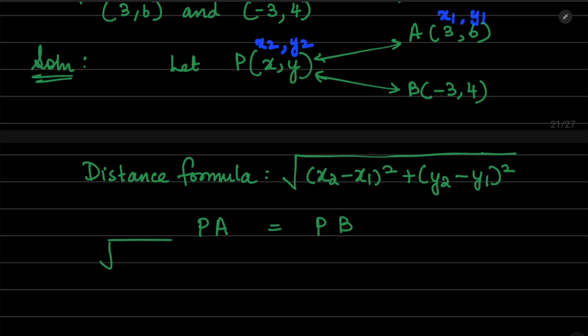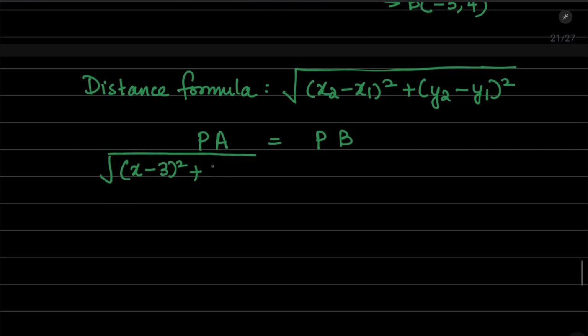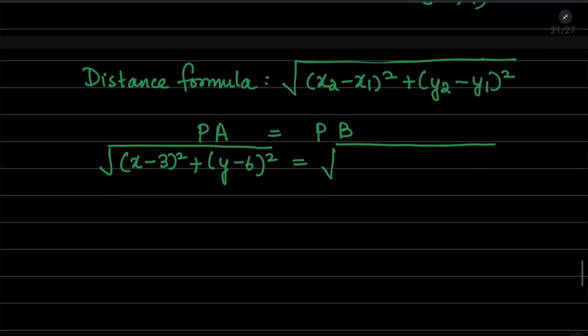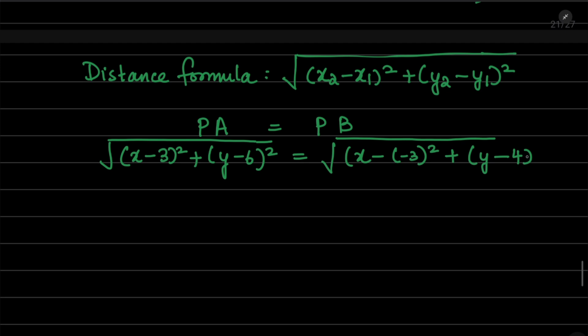Apply the same formula, that is square root of x minus 3 the whole square, plus y minus 6 the whole square, is equal to square root of, the same way, distance between P and B. So it's x minus of minus 3 the whole square plus y minus 4 the whole square. Now let's just solve it.